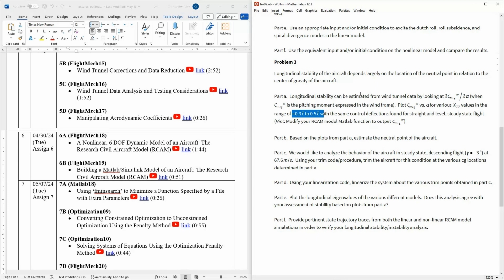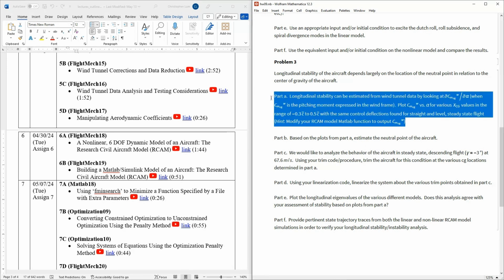So all this is doing is you take homework 6, where we built our RCAM aircraft, make a small tweak to it so that you can change the CG, and also input different U and W values to change the angle of attack. This allows you to conduct a virtual wind tunnel test using your RCAM aircraft.